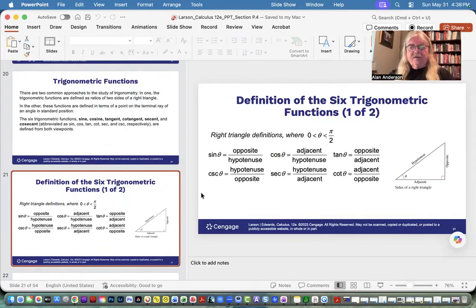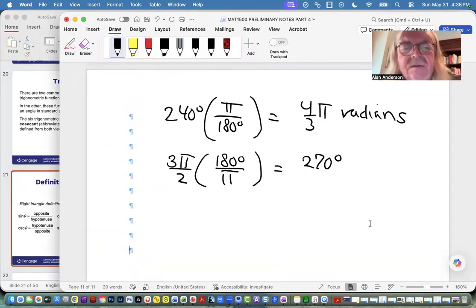And then the basic trig functions, I think we already started to do this the other day. Sine, opposite over hypotenuse, cosine, adjacent over hypotenuse. Now, the rest of them are functions of sines and cosines. Sometimes it's more helpful to treat it this way.